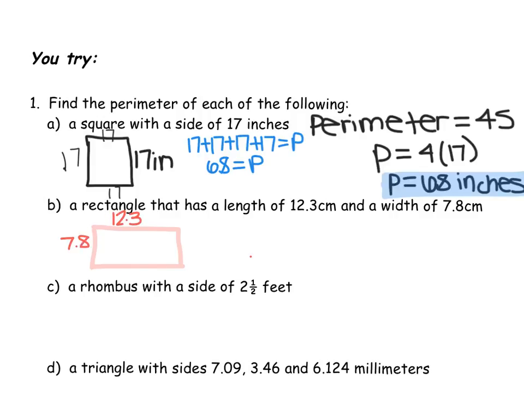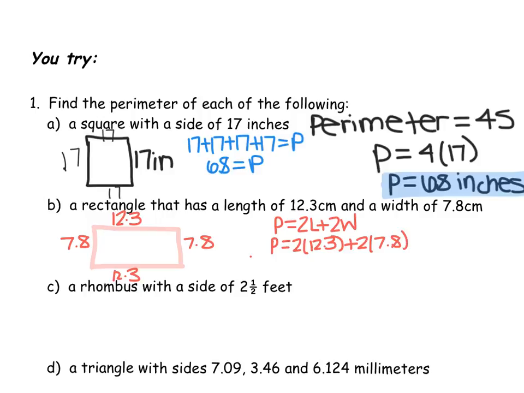This is what I'm talking about: you don't want to forget that there are 2 widths and 2 lengths here, so make sure you have all 4 sides. Your perimeter for a rectangle is twice the length plus twice the width. So twice 12.3 plus twice 7.8.